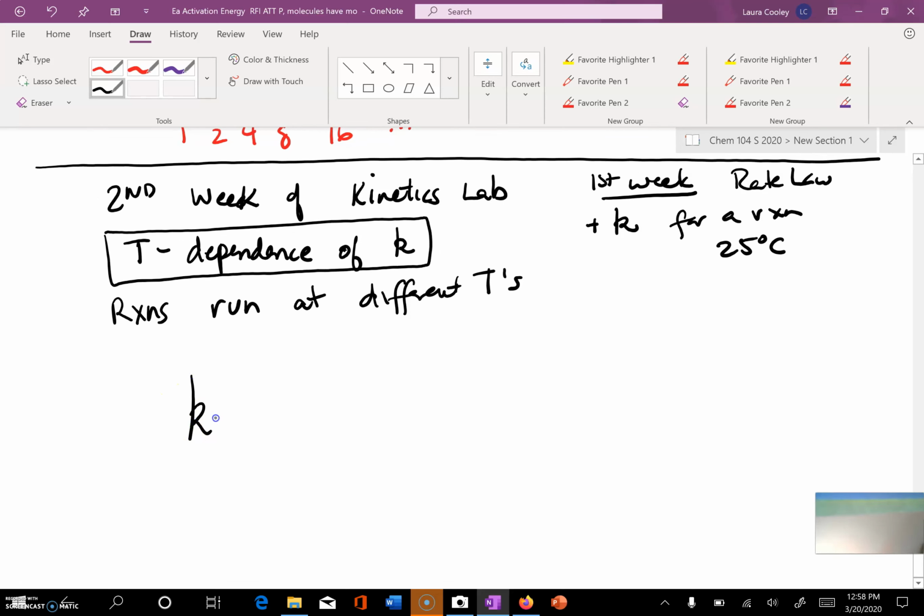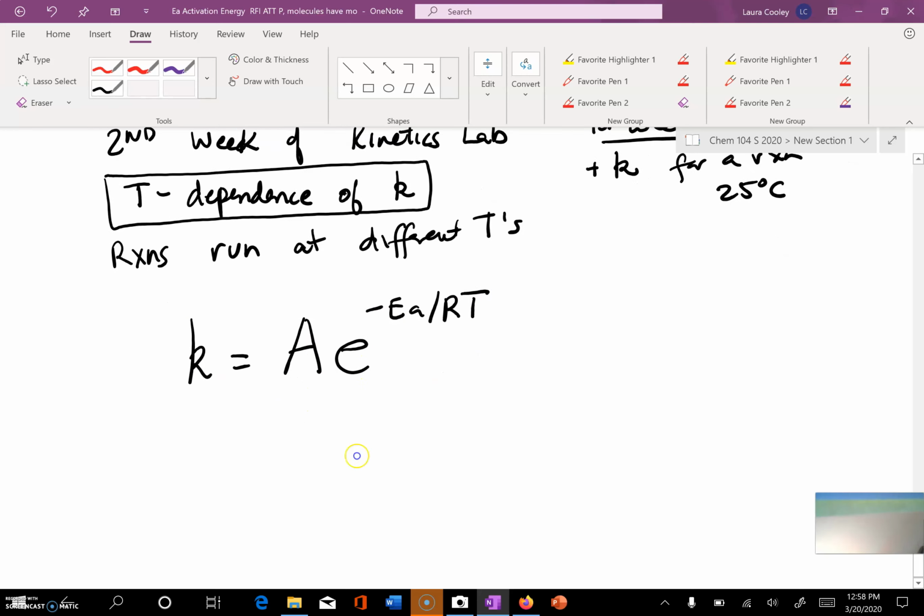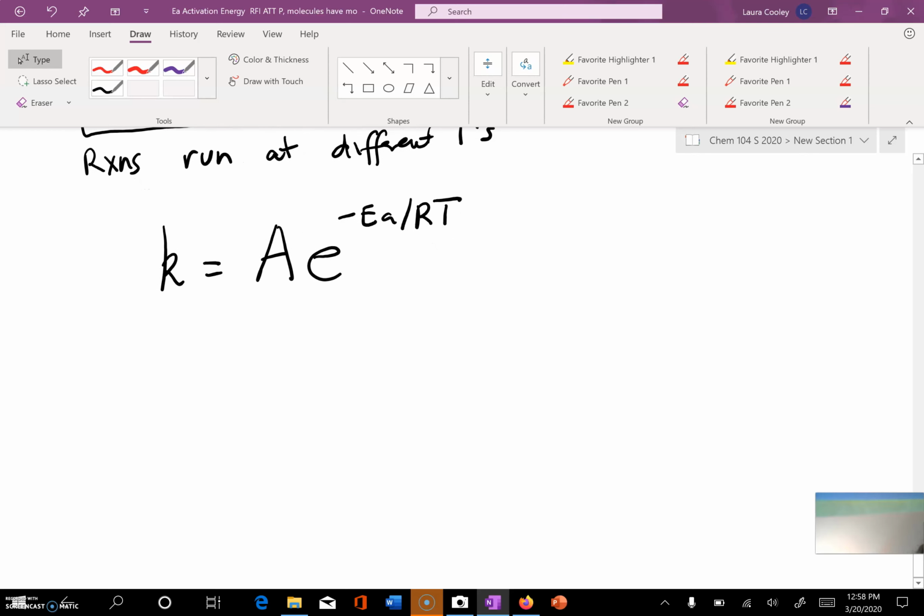So here we have this exponential, well, I have to put the pre-exponential factor. We have A e to the minus EA over RT. I hope that's a little less mysterious now. And what happens if I take the natural logarithm of both sides?